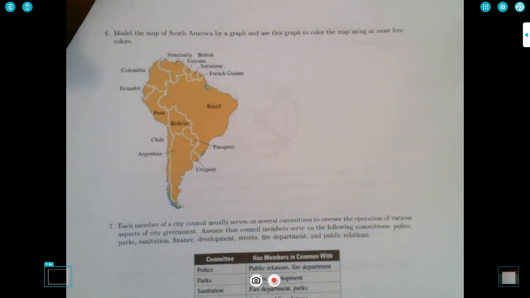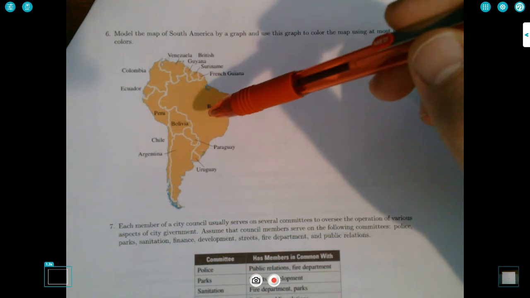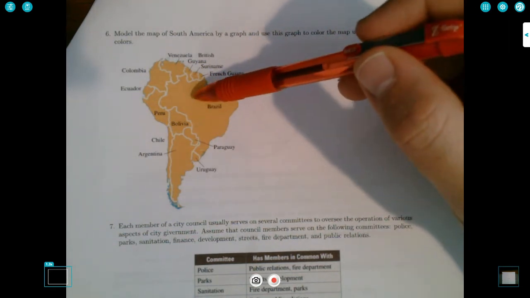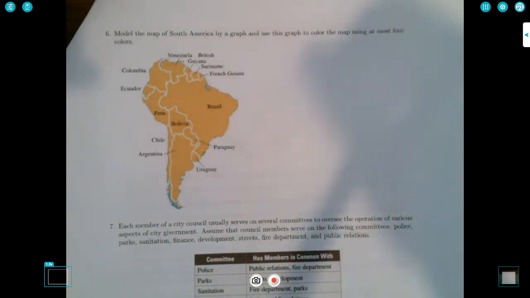So the idea is that when we color in this map, we only want to use 4 colors such that no country is bordered with another country that has the same color.